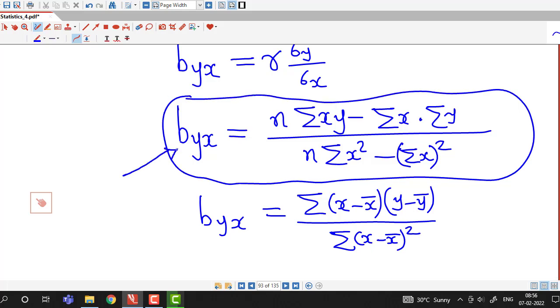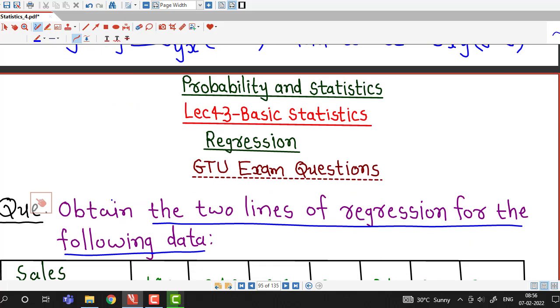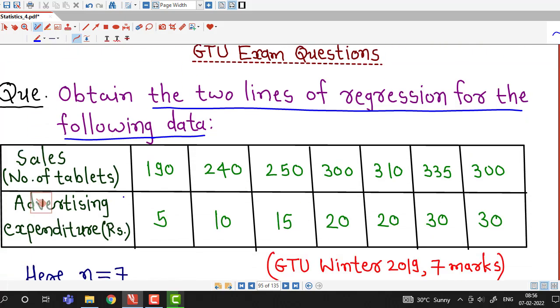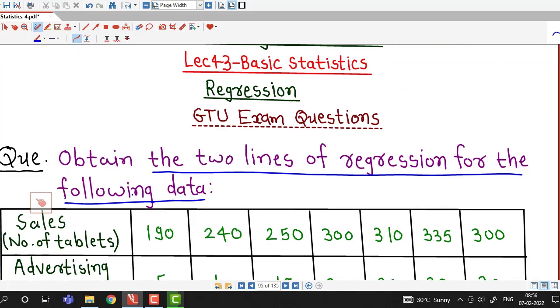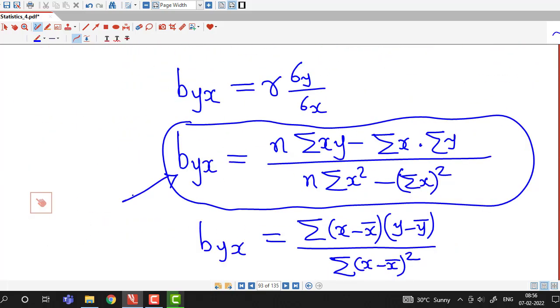This formula uses actual values of x and y. So if values of x and y are large, then it becomes tedious to find out all those summations, sigma xy, sigma x square and so on.